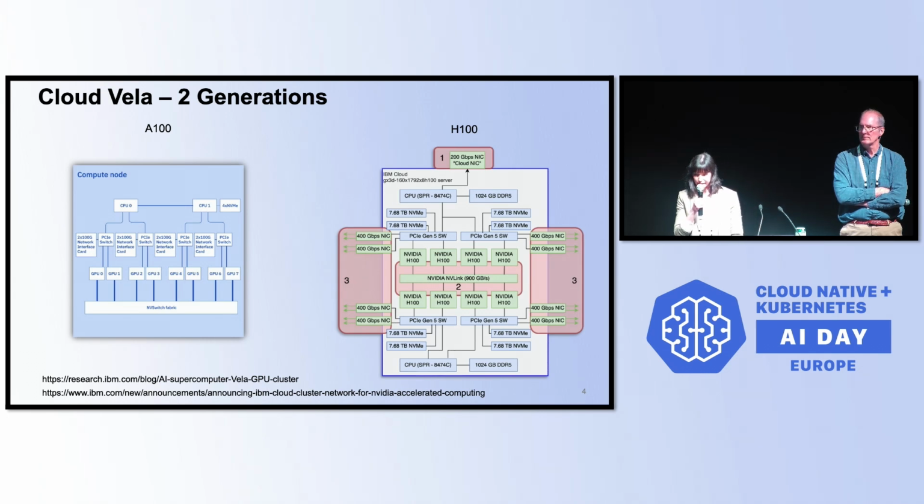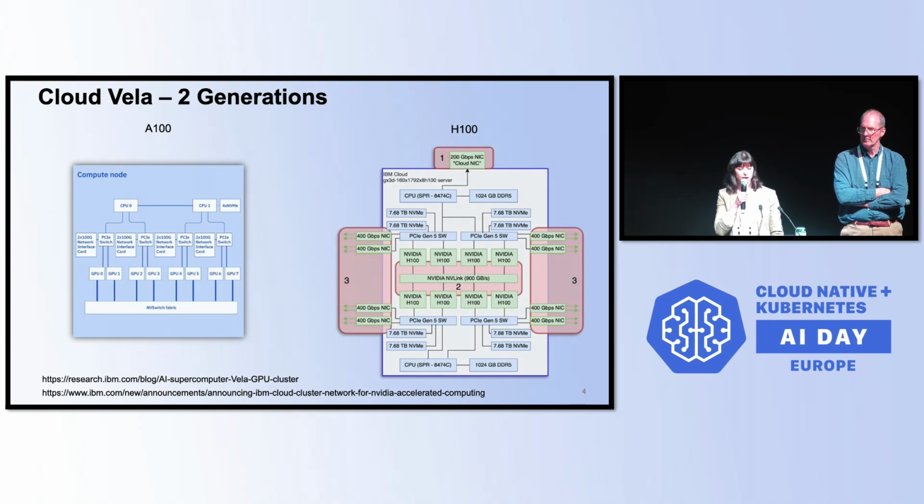In addition, we have a total of 800 gigabit per second network in and out between the nodes. And of course, there is always some storage connected, so we have about 3.2, I think, terabyte NVMe drives. So that's the one that you can see on the left-hand side.